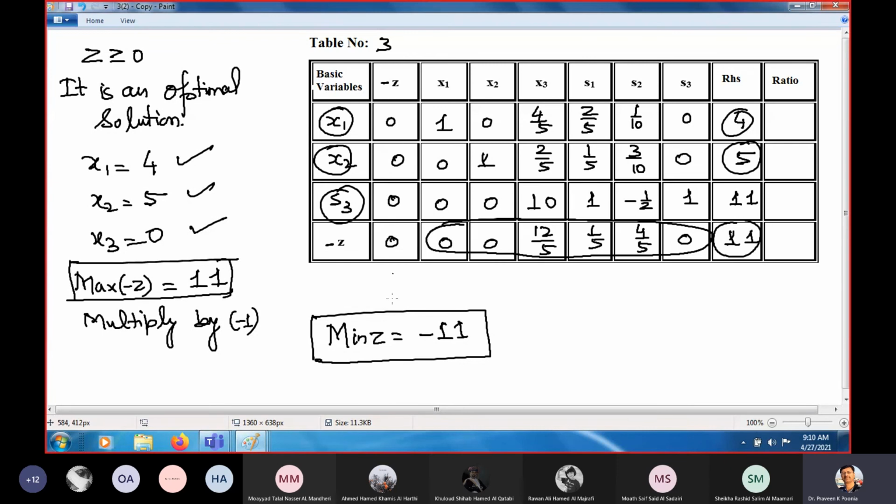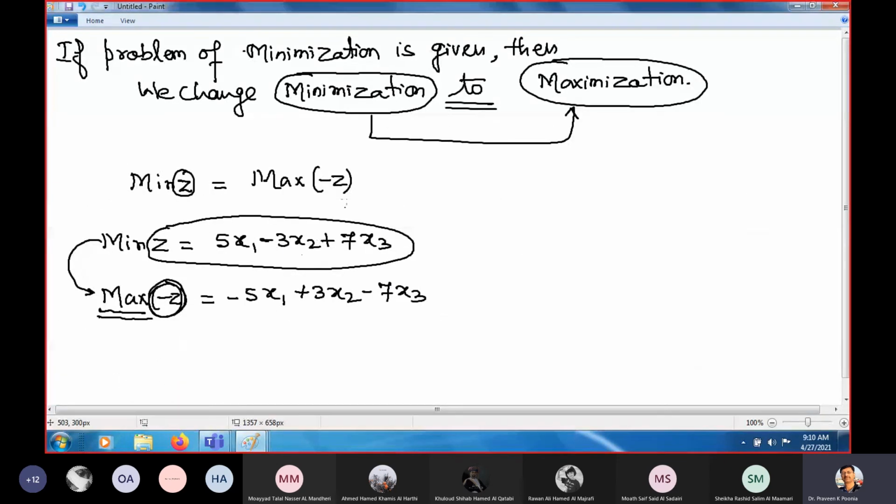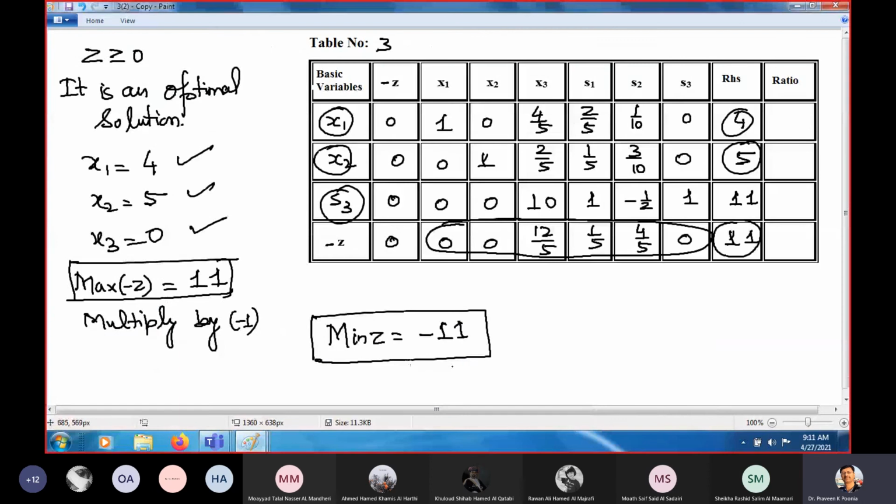Clear? Please remember, the moment we change any minimization problem into a maximization problem, we multiply by negative. And then after solving the question, you need to change the maximization back: max of minus Z is equal to min Z. So again you change by negative, then it will be Z. Multiply by minus, and you get the answer minus 11.